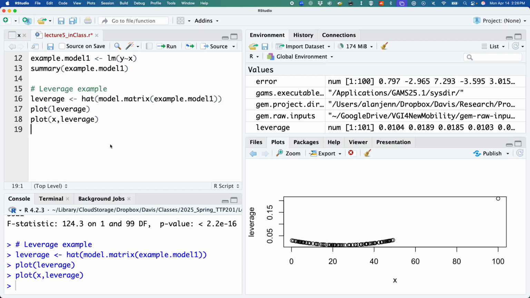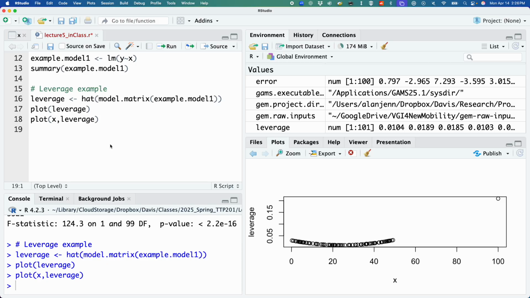What do you guys notice about, even if I didn't have that outlier, the overall shape of the leverage values? Yeah, the further on the outside or the more extreme, the higher the line. Yeah, and so this is that seesaw thing that I was talking about, right?